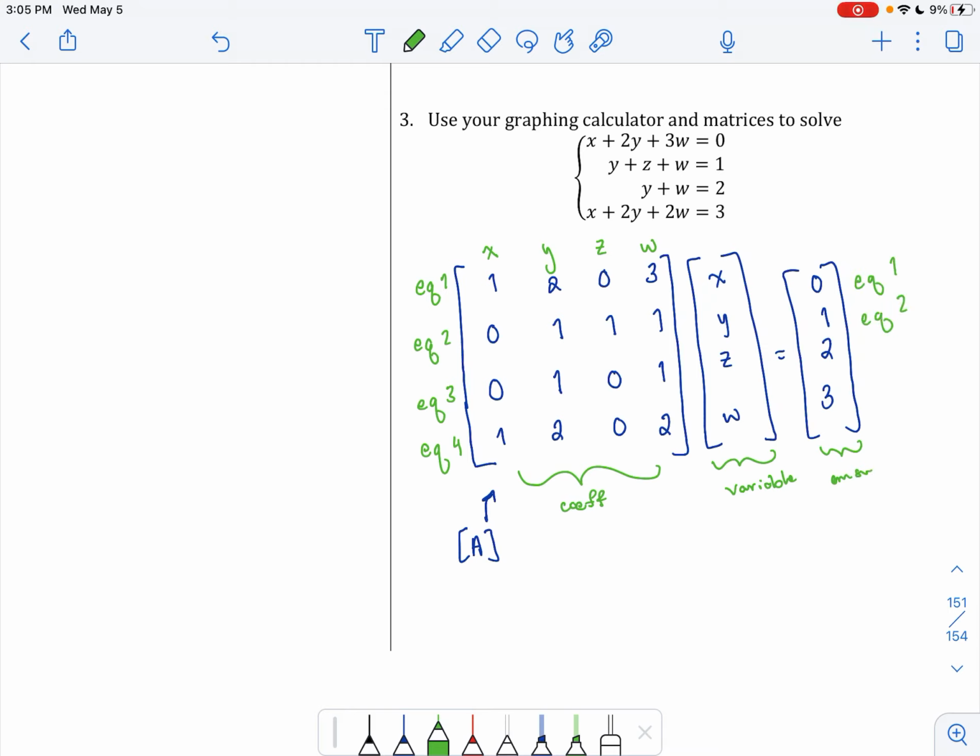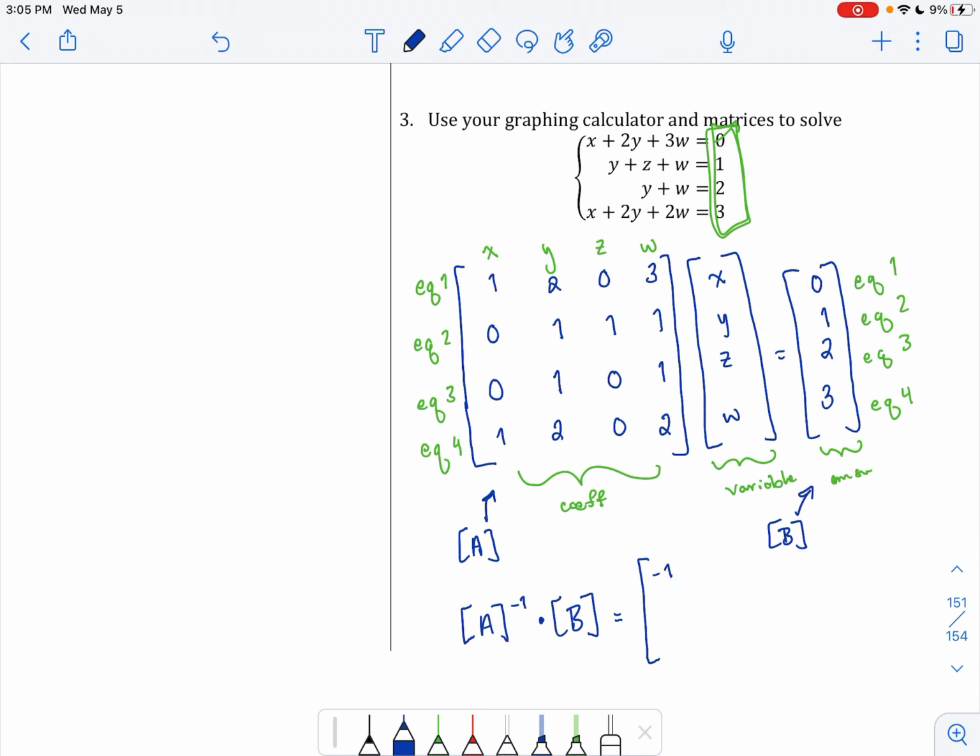So still equation 1, equation 2, equation 3, equation 4, these answers right here. Now the answers are what I'm going to put in for B, again in my calculator. Then I'm going to go on my calculator and say A inverse times B, which you can just copy from the problem above. Let your calculator do a little thinking.